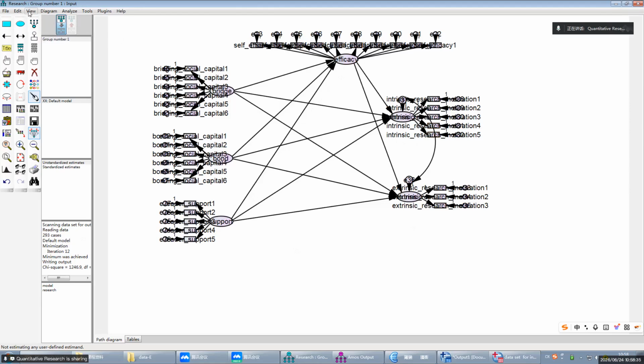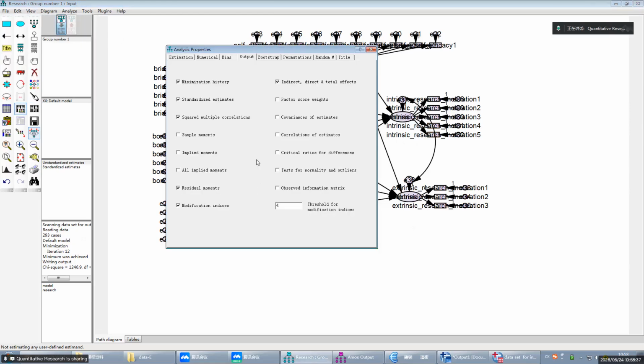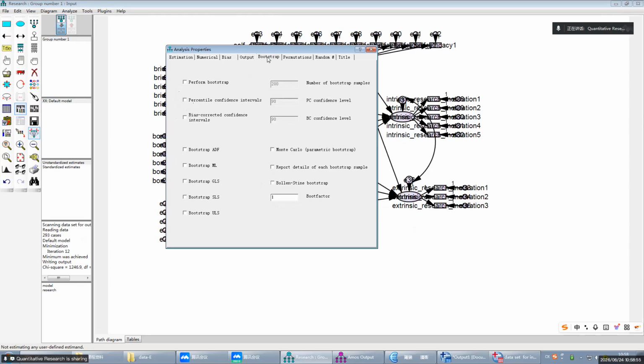First of all, you have to go to analysis. You can remember in here we previously used the functions in the output. If you want to do the mediation test, you have to go over here, bootstrap. We use the bootstrap method in testing mediation.